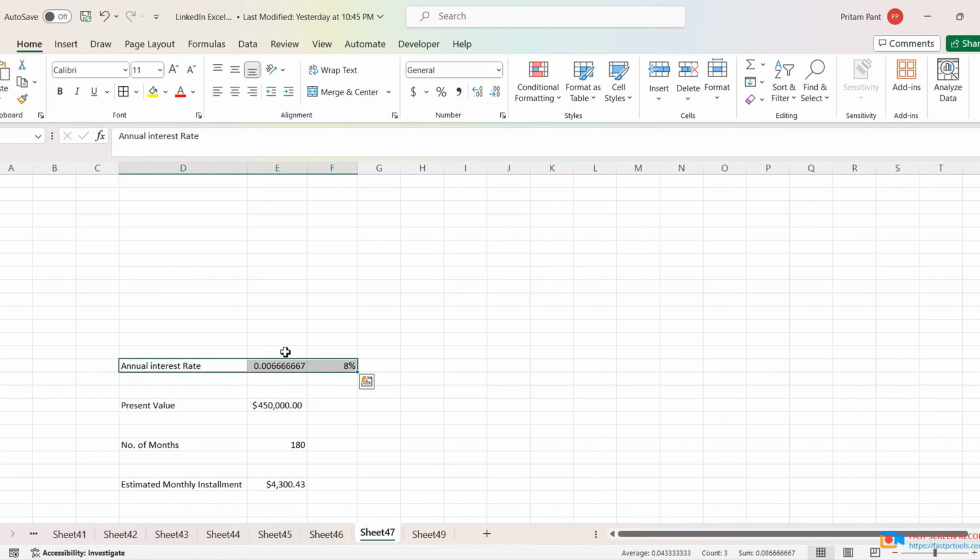Let's make it in a good format, like calculator format.